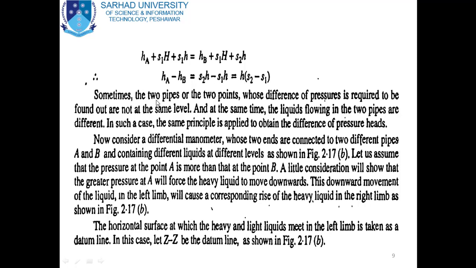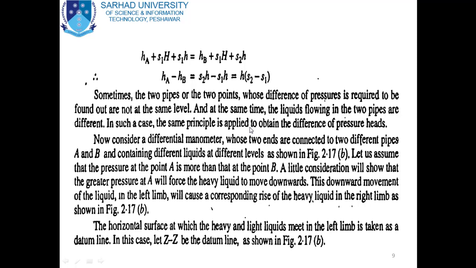Sometimes the 2 pipes or the 2 points whose difference of pressure is required to be found out are not at the same level, and at the same time the liquids flowing in the 2 pipes are different. In such a case, the same principle is applied to obtain the difference of pressure in the heads. The above equation is derived for the condition that the liquid flowing in the pipe is the same and the points are at the same level.